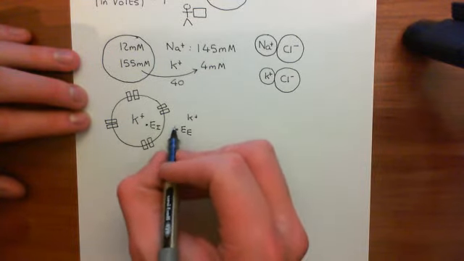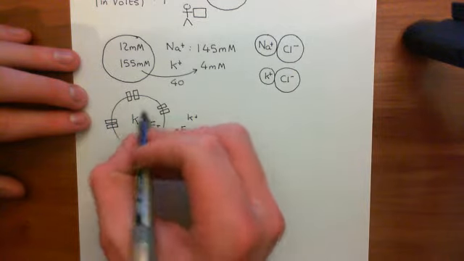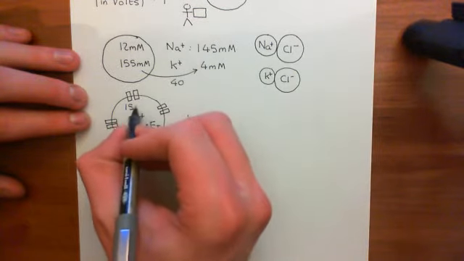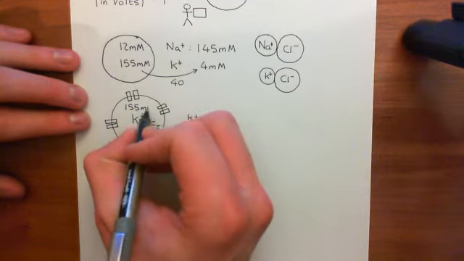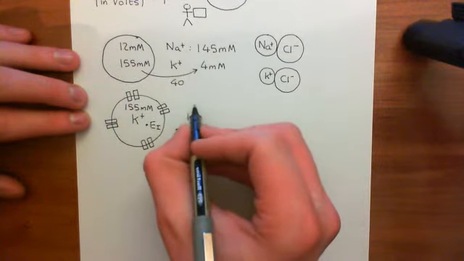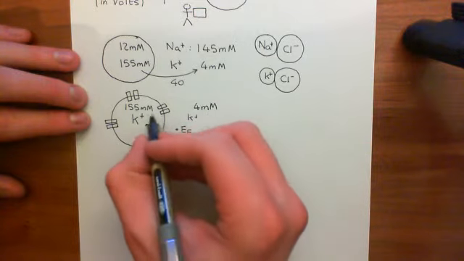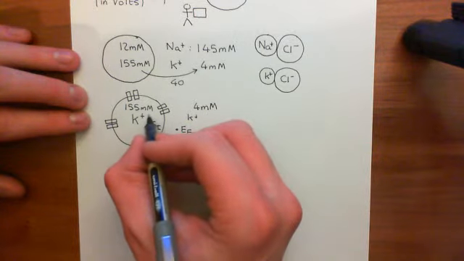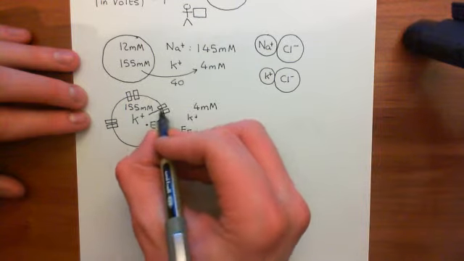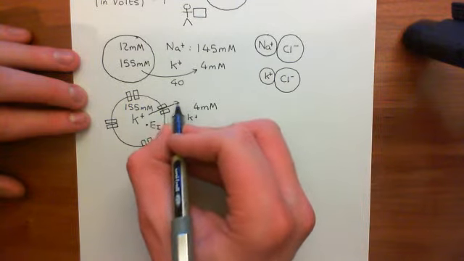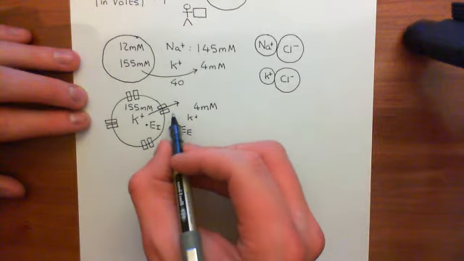So we don't need to worry about that initially. All we've got is this concentration gradient of potassium that's important, of 155 millimolar on one side and 4 millimolar on the other side. Okay, and what's going to happen is you're going to get this net movement of potassium ions out.